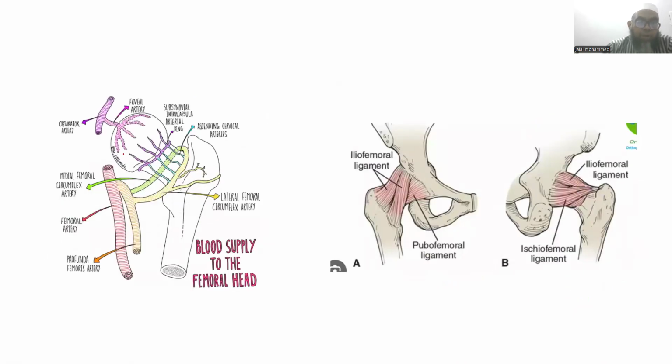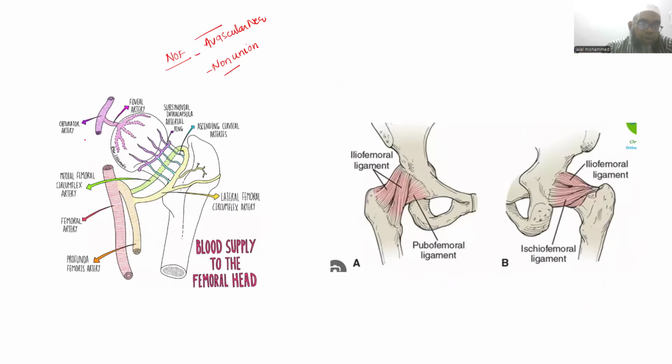Why is it important? Because the neck of femur fracture has the complications of avascular necrosis and non-union. The main contributory factor for these two complications is the limited blood supply.